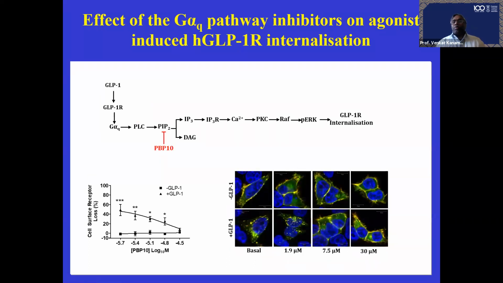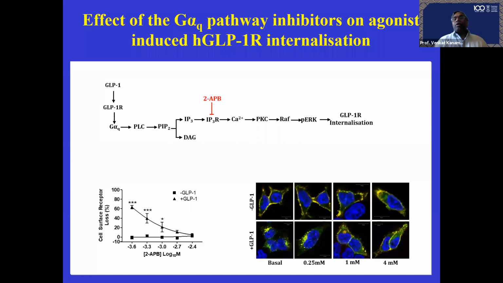We then used PBP10, which is a small peptide that binds PIP2 and thereby prevents the availability of PIP2 to PLC for generating IP3. Again, PBP10 also inhibited the internalization in a dose-dependent manner, both in ELISA as well as in immunofluorescence, as you can see here.